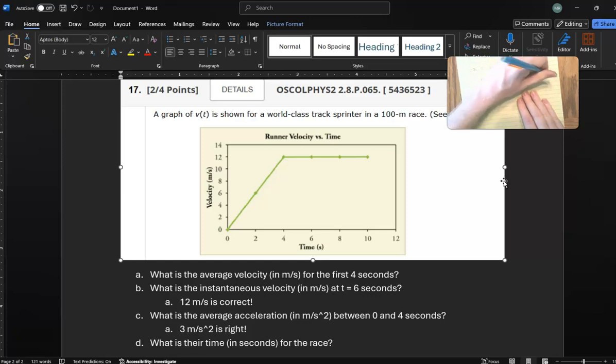That's what we're hoping to find out here. For the first 4 seconds, we want to figure out the distance that they traveled. The distance, or the displacement, is going to be your average velocity multiplied by your time. We found out previously in part A that our average velocity was 6 meters per second. So if they've done that for 4 seconds, they've traveled 24 meters.